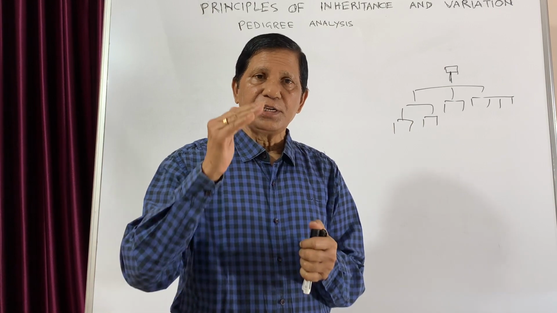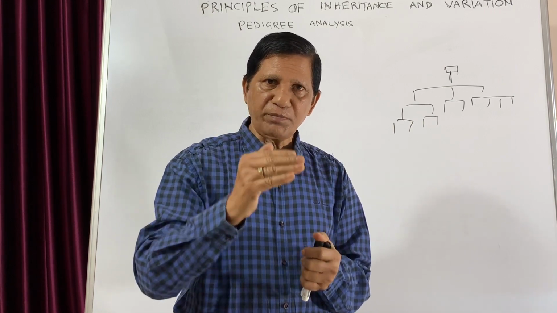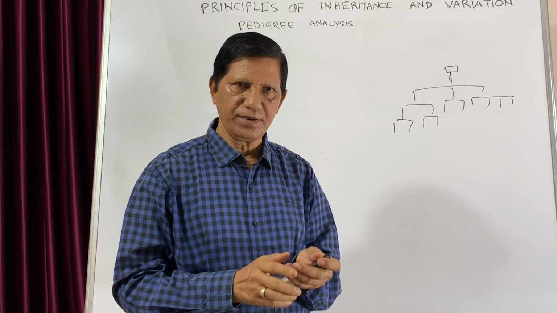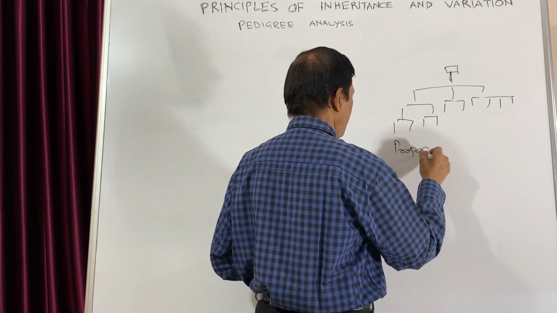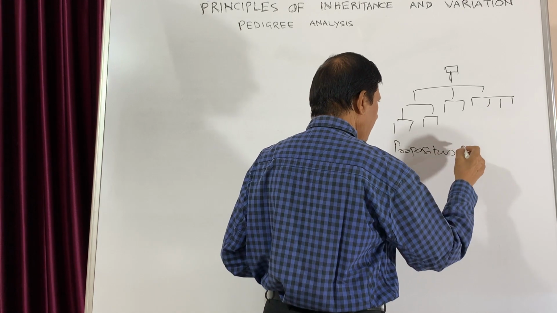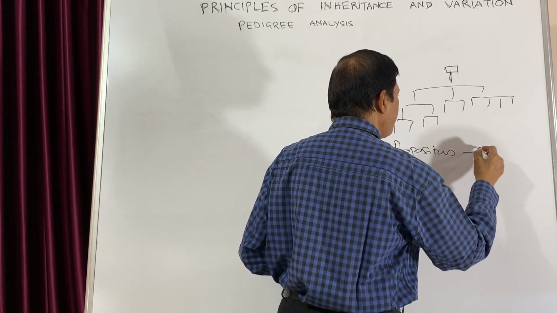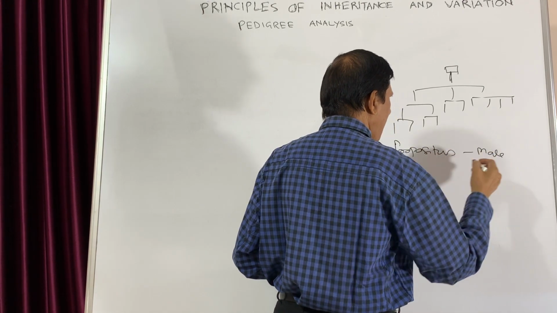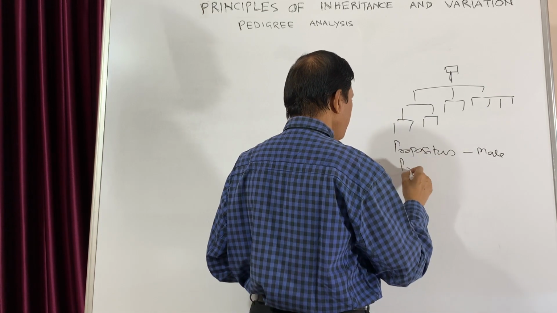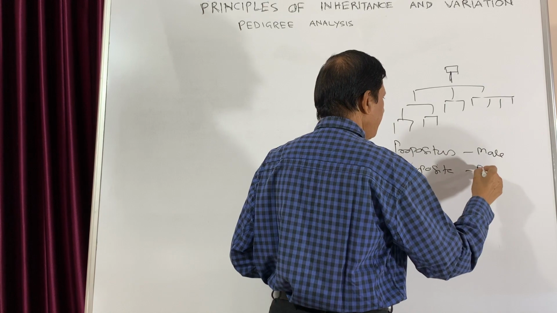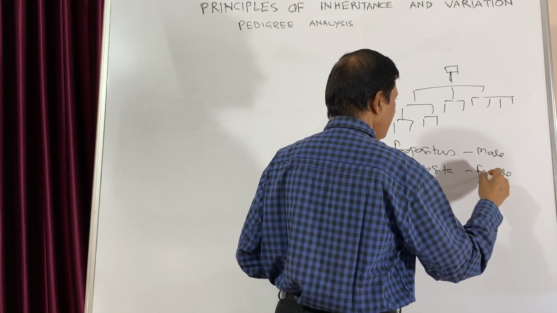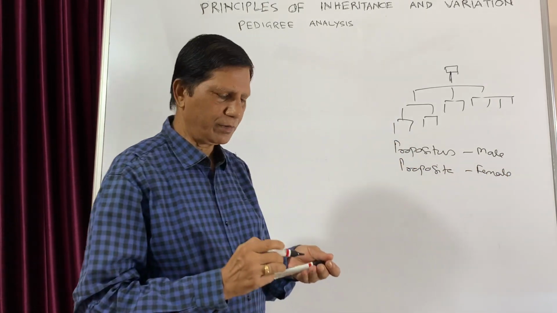And the person from whom it is started is known as Propositus if the person is male, and if female, known as Proposita. So these terms are also important from the examination point of view.